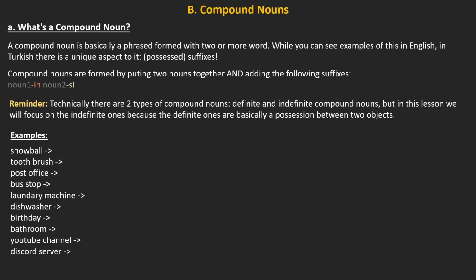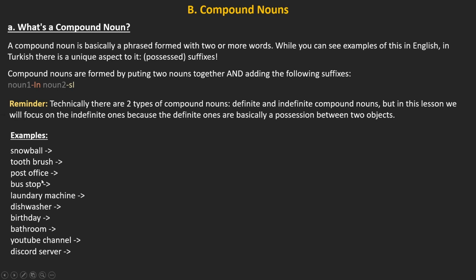Okay, so the second section of the lesson, the actual important part, compound nouns. So a compound noun is basically a phrase that is formed with two and sometimes more words. In English, you will have these examples.